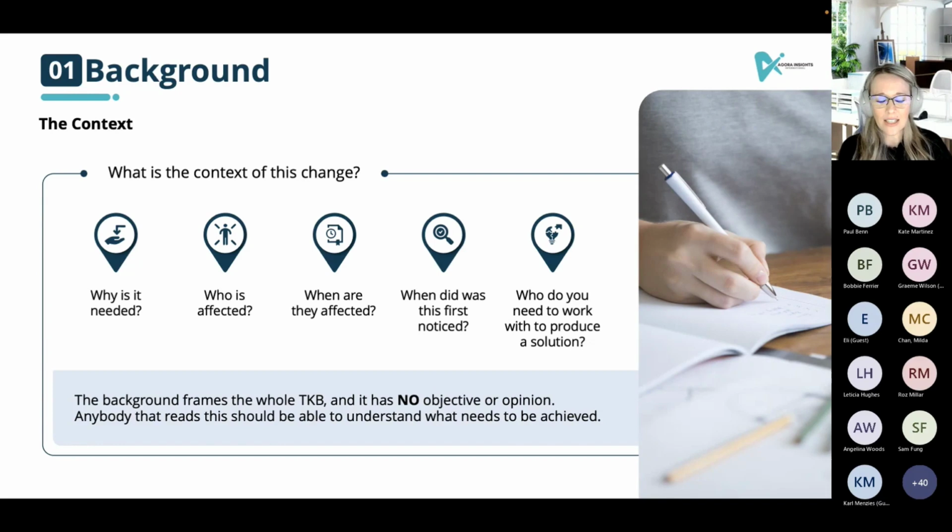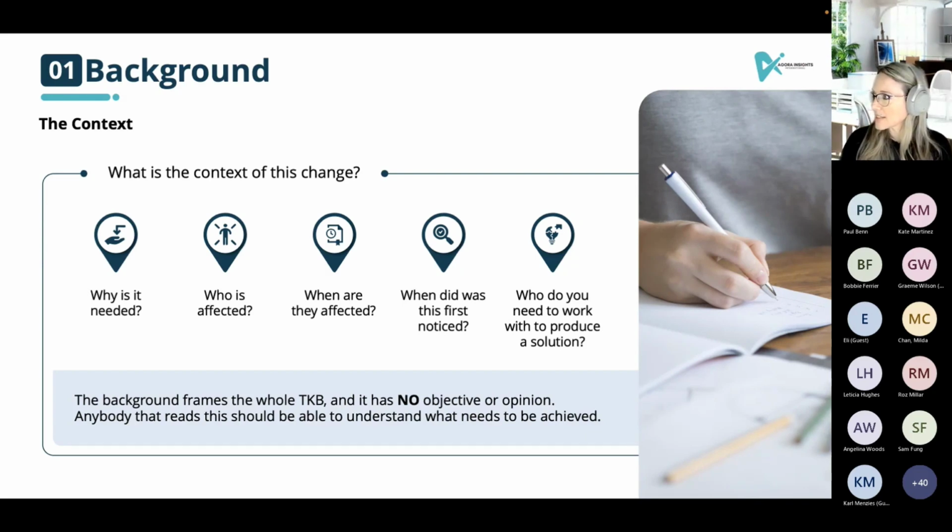What I mean by that is often we use acronyms and descriptions that are not relatable to people. So when you go to a user and say acronym ABC and acronym, it's not very helpful to the end user. You want anybody to be able to read your newspaper article, and the same goes for your background statement.